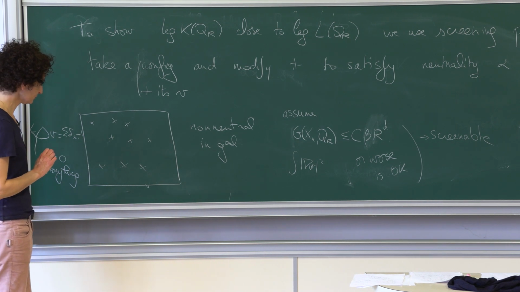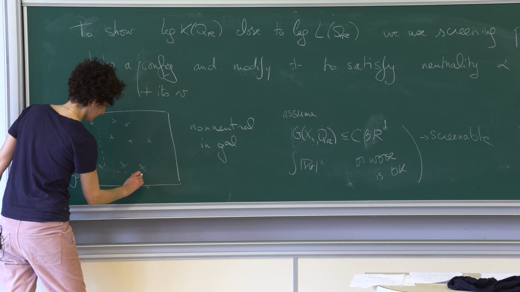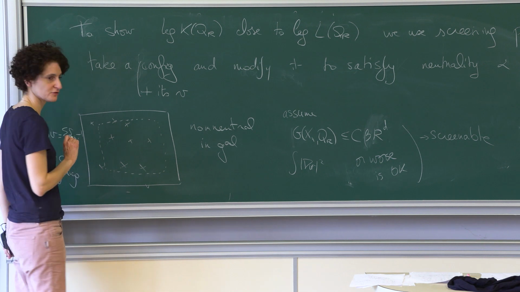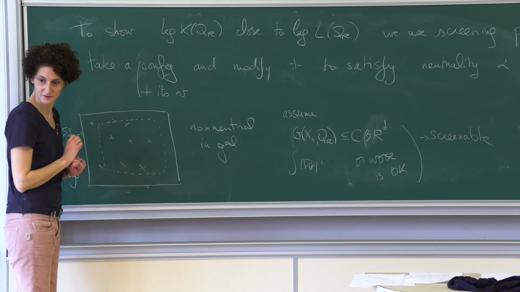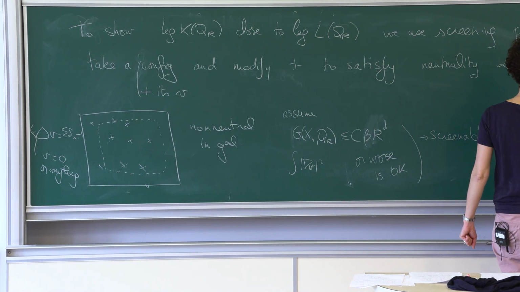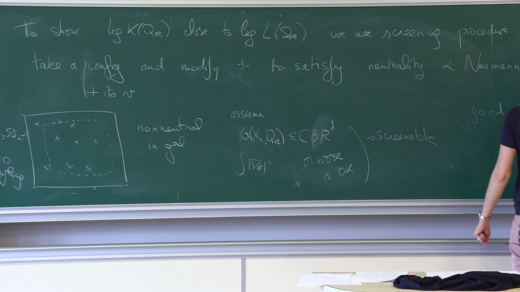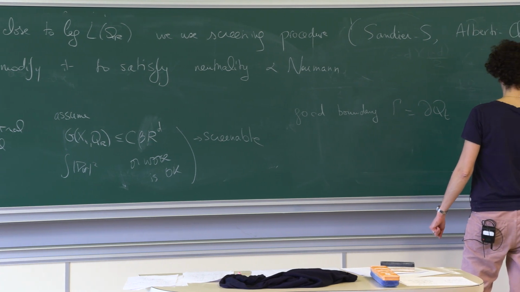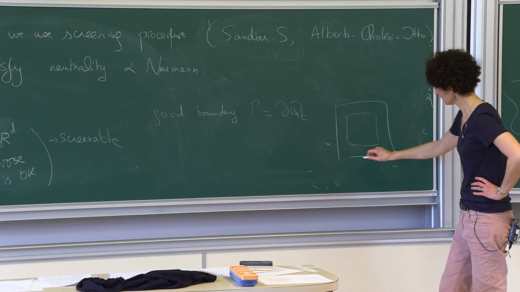And what you want to do is find a good boundary by a mean value argument. You're going to look a little bit inside, and you're going to take a good boundary. So for caricature, I'm going to assume it's the boundary of another cube that's a little bit inside. That's morally okay.